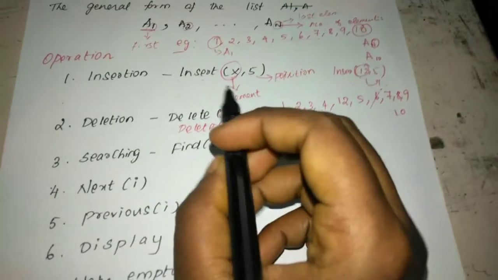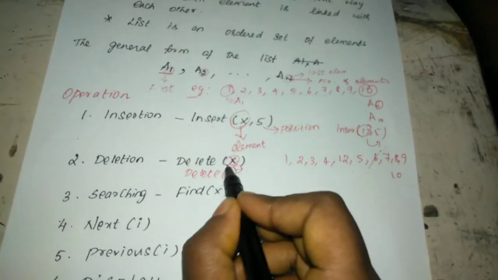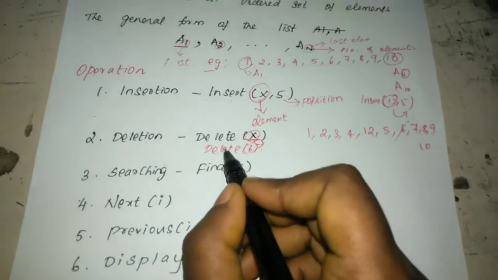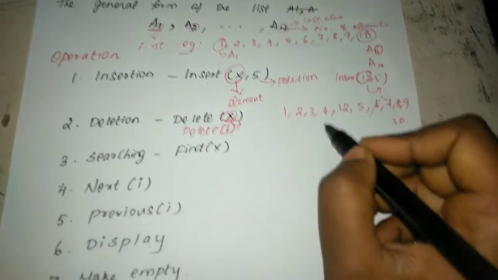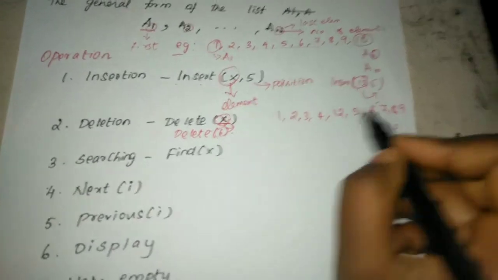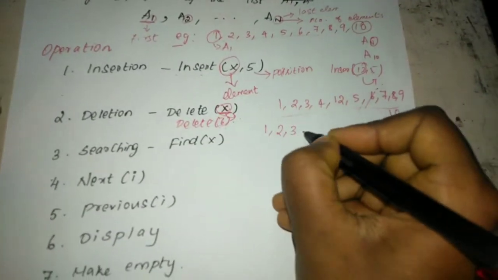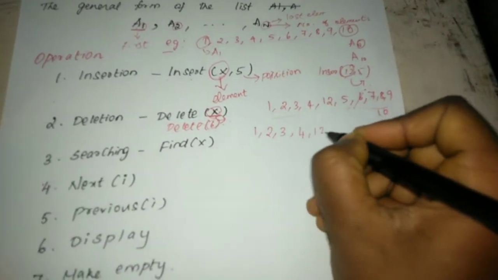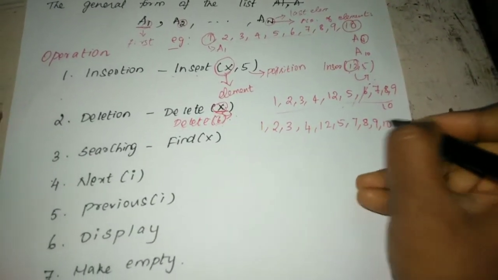Here is the element which you want to delete, so delete of 6 will delete the number 6 from the list. Then the list will become 1, 2, 3, 4, 12, 5, 7, 8, 9, 10.